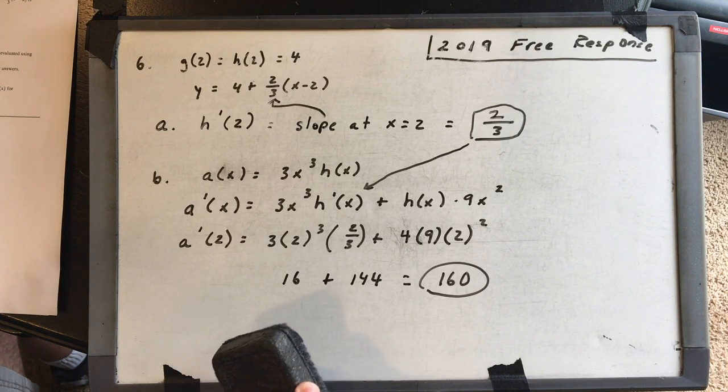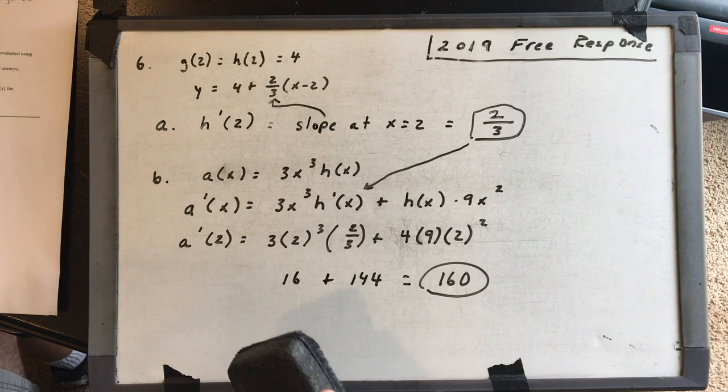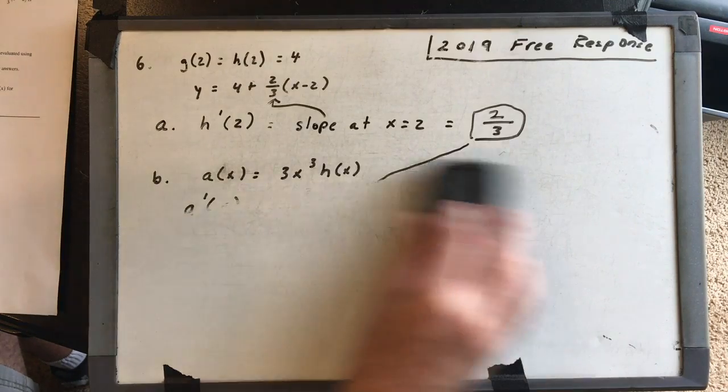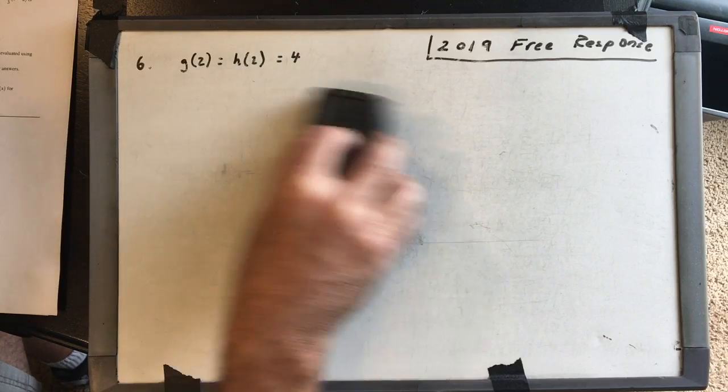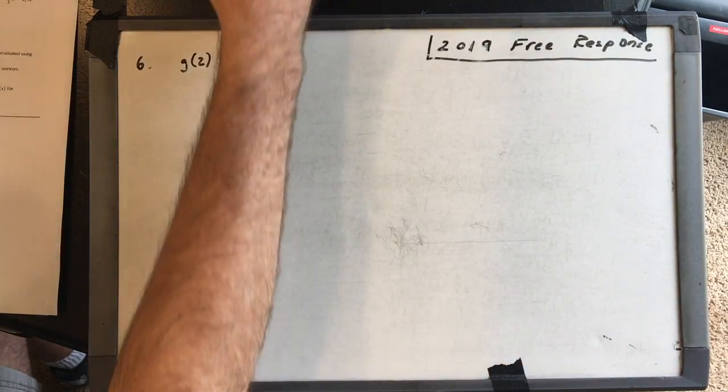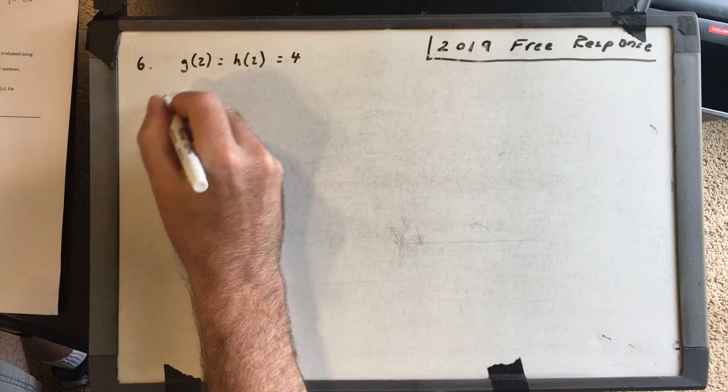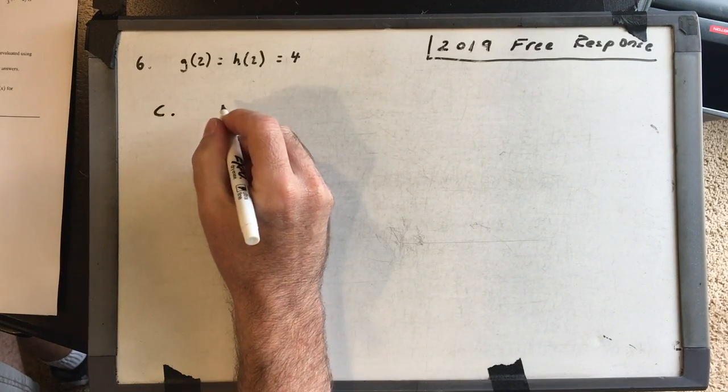I'm going to talk about C for just a second. I'm not going to actually work part C, but just to remind you in part C how to do L'Hopital's rule.